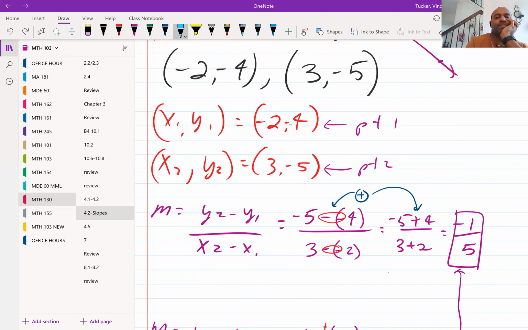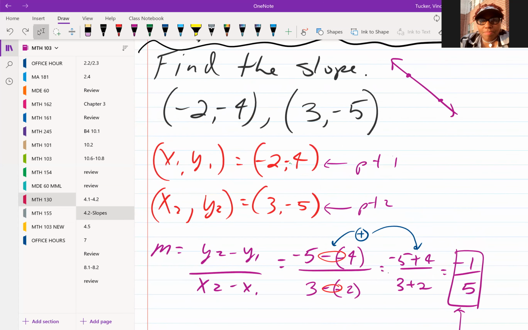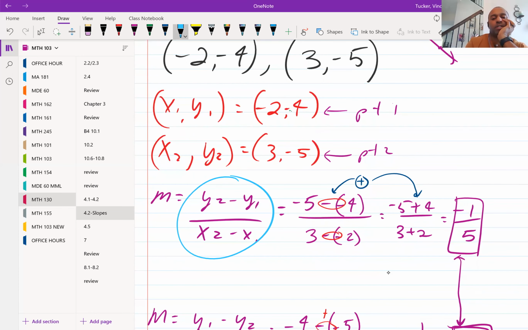So where's the actual problem at? The problem we're solving uses y2 minus y1 over x2 minus x1. Yeah, that's the formula to find the slope.